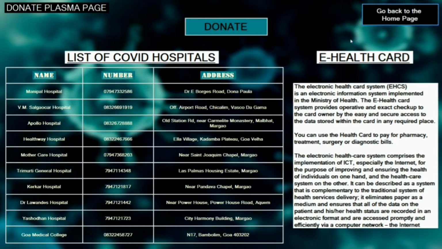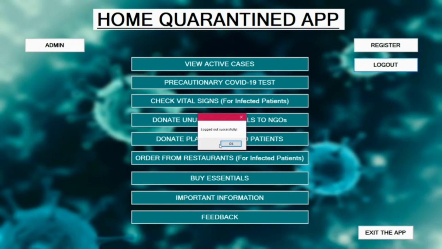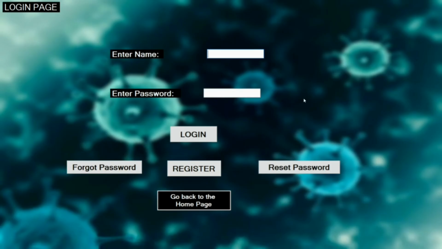So there isn't any e-card notification over here since Abhinav Shukla did not donate any blood. Now let's go and log in as Nia Sharma. So she's a user who donated plasma and we just uploaded her e-card.